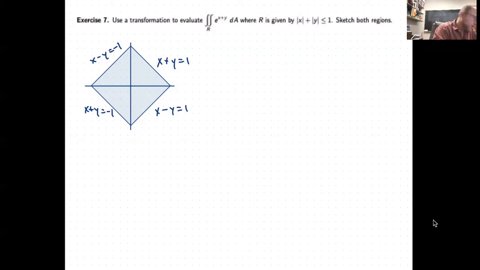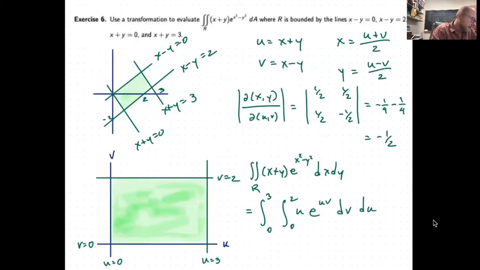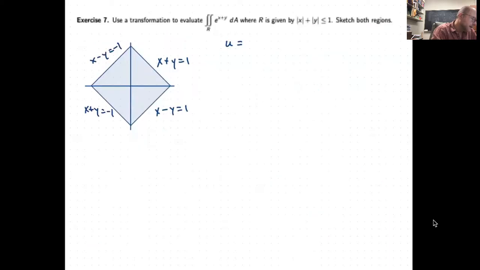Okay. So last time I ended up with u equals x plus y, and this time I'm going to put u equals x minus y, and v equals x plus y, so that when you solve, you get your x is u plus v over 2, and your y is, which one?